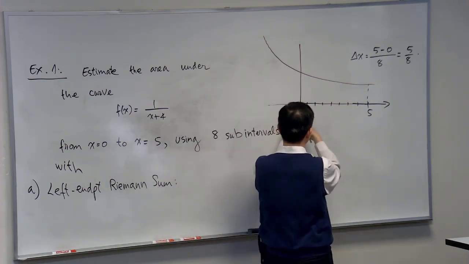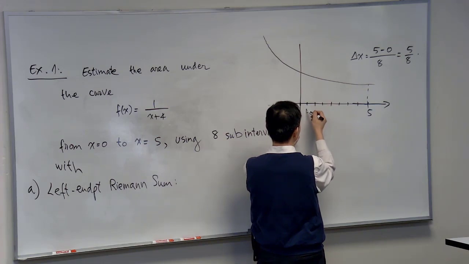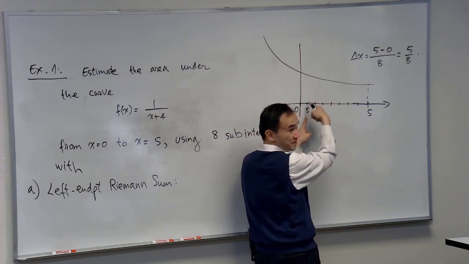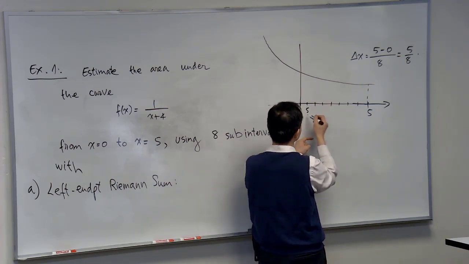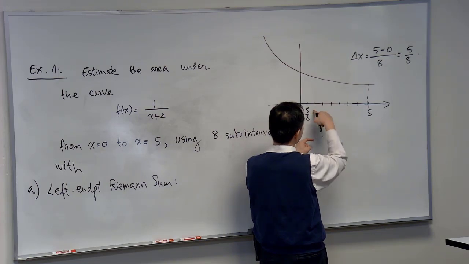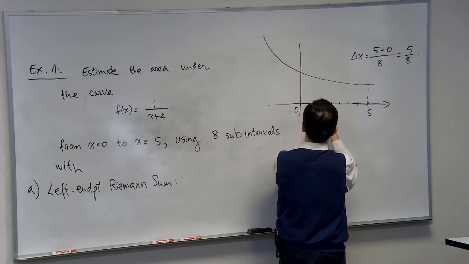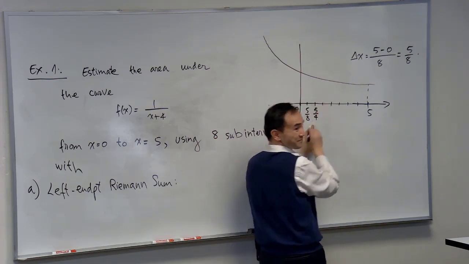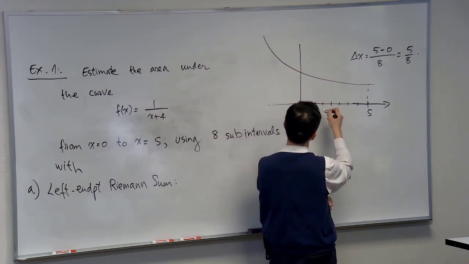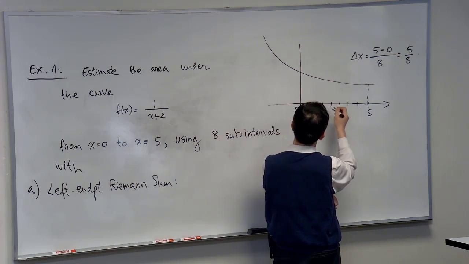If it's a 0 here, and this is the first 5/8, you guys agree? This is the partition point, right? 5/8. The next one right here is going to be 5/4. You guys agree? Right. The next one here, we take 3 times that, so it's going to be 15/8, right?